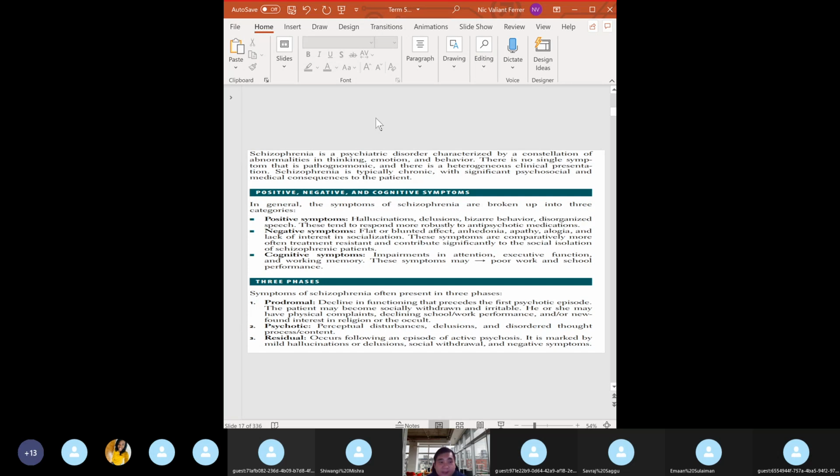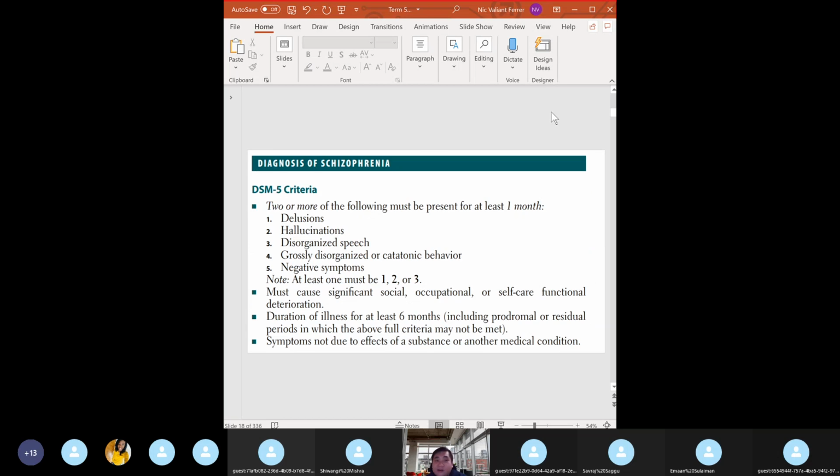There are three phases: prodromal, psychotic, and residual. Prodromal, you have decline in your functioning that precedes the first psychotic break. Then you have a psychotic break. You have perceptual disturbances, delusions, disordered thoughts, and the residual. Following an episode of active psychosis, you can have some mild hallucinations, social withdrawal, and negative symptoms. How do we diagnose? Again, term 2.